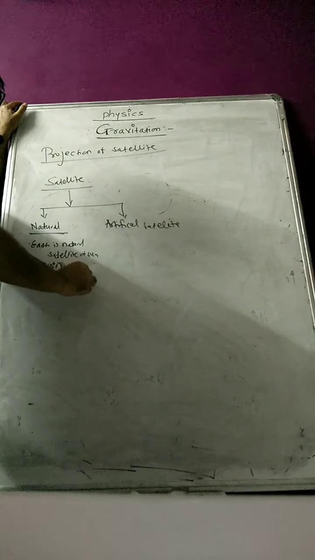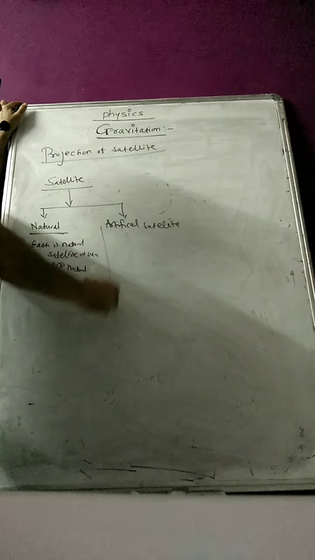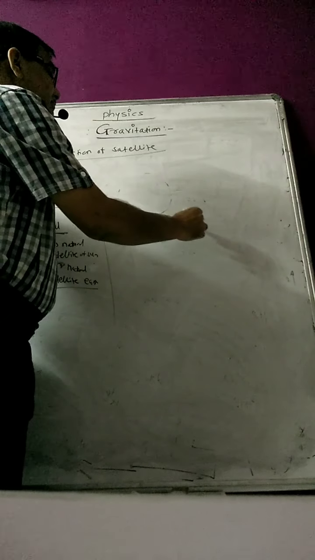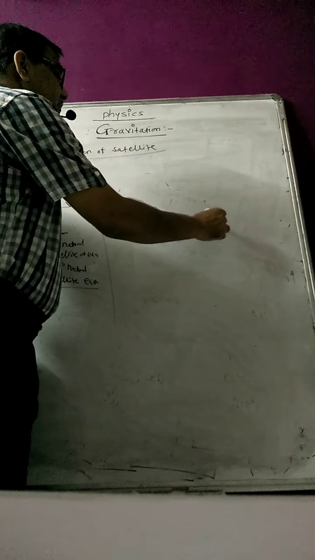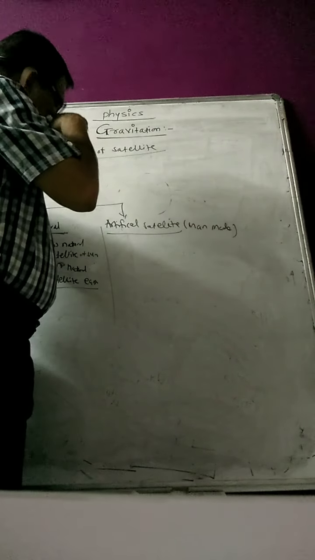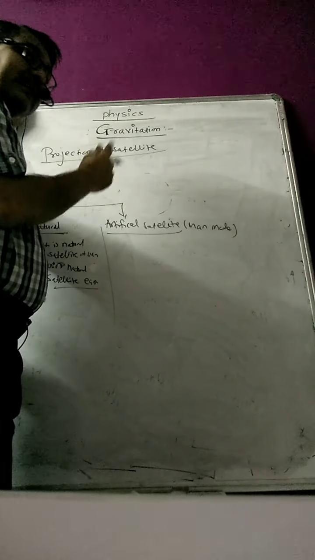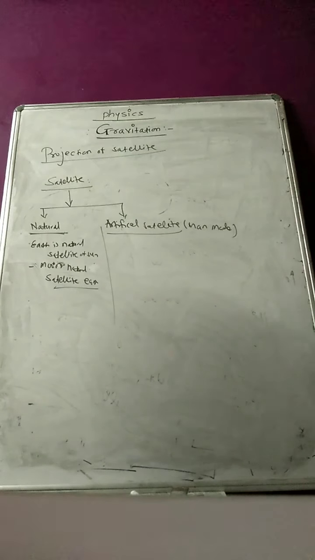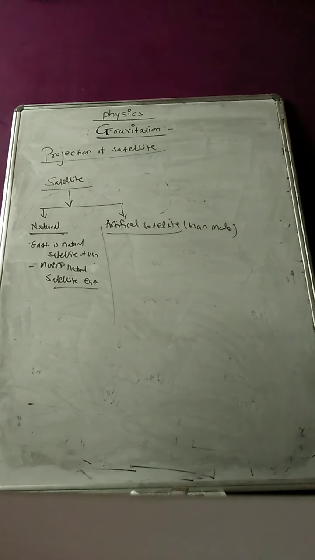They are not kept there for a particular purpose. Artificial satellite means a man-made satellite. For a particular purpose, man has set the satellite around the earth. A man-made satellite which has been made to revolve around the earth is known as an artificial satellite.